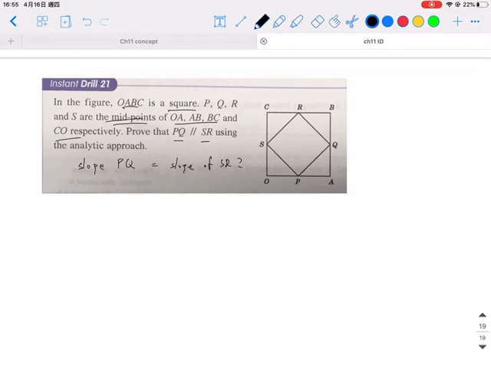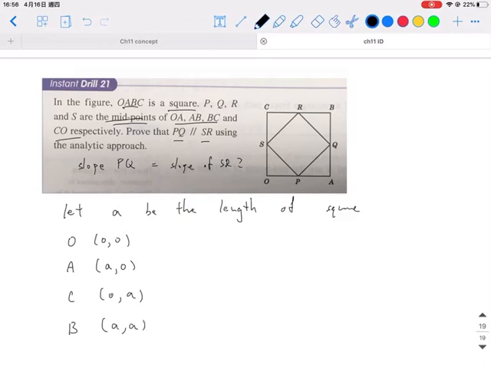So we can let A be the length of the square. Therefore, the coordinate of O is 0, 0, and A should be A, 0. And then C should be 0, A, and the coordinate of B should be A, A, right?